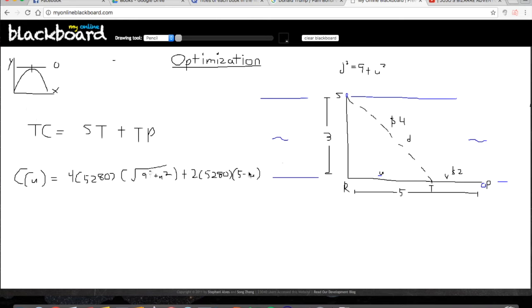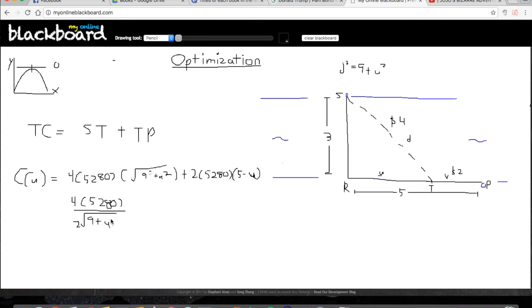Now that that's done, let's find the derivative of this. Cool. So we keep this 4 times 5,280 because it's a constant. And then what we have here is the derivative of this, which is going to be, once you take the derivative, 1 over 2 radical 9 plus u squared.